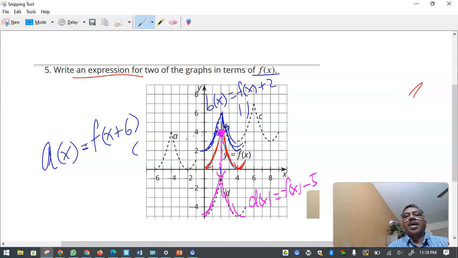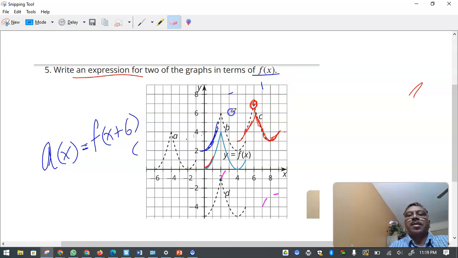But the last one, which is red color, was this one. Look at this graph. The dot is right here. So you see there are two transformations happening. That's the blue color graph which you see there.